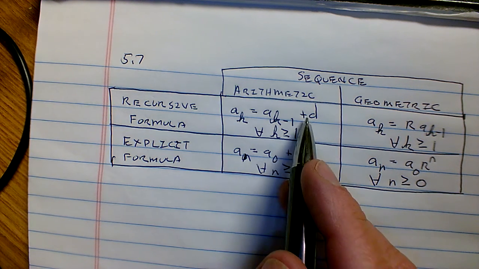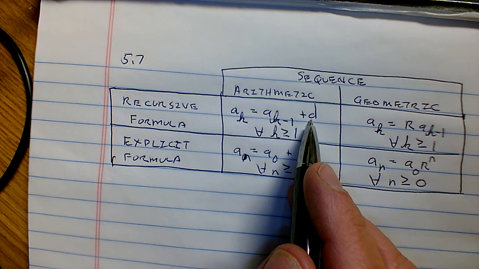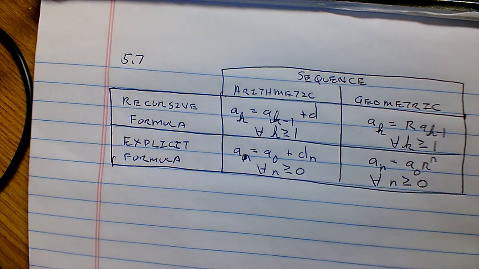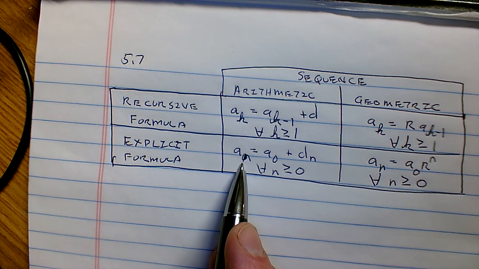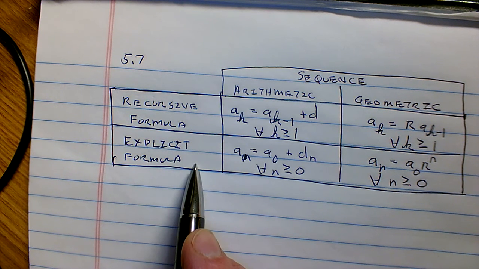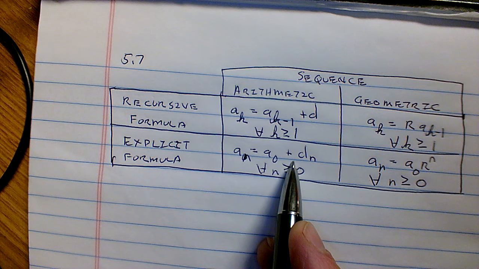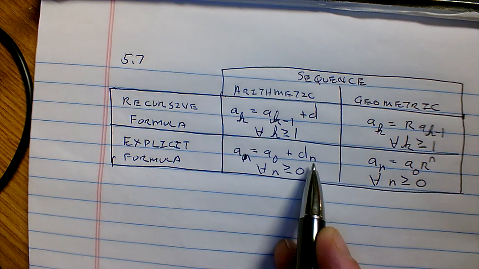Well, if we're doing this recursively, you're just going to have to keep adding or subtracting whatever that difference is. But if you want to quickly get to the final result, we can use an explicit formula, start with our initial case, and add the difference times the number of times we're using that difference, the number of times we're doing the iterations.